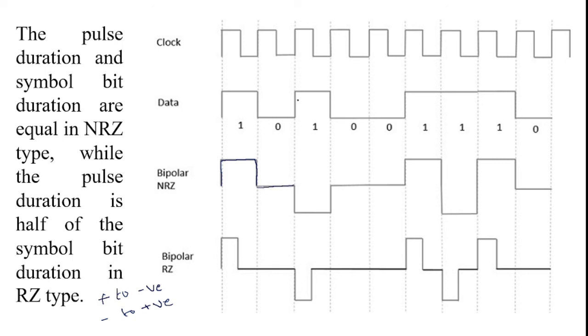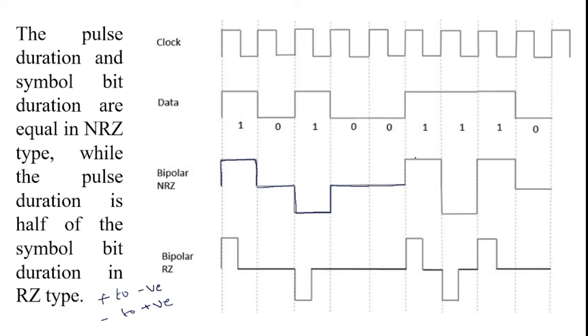This high data is positive, and the next high data is considered as negative, since alternate ones are of equal polarity. Then this is low data, a zero voltage level, and again low data, a zero voltage level.